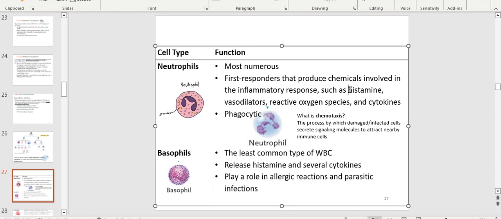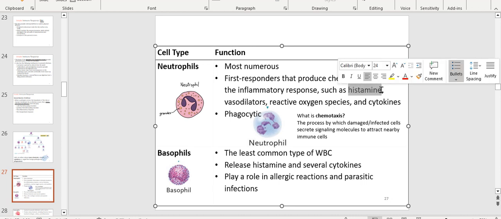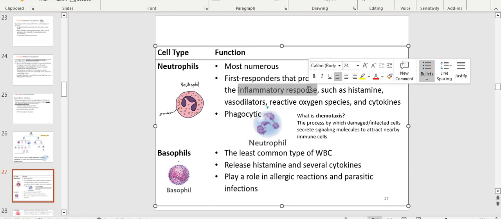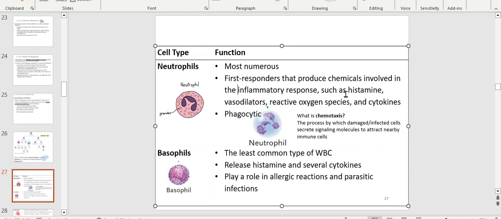So histamine: if somebody is allergic to pollen or whatever, and their nose starts to flare up, redness, soreness, there's your inflammatory response. These histamines are more associated with mast cells, M-A-S-T, which we'll see in a little bit. But these histamines cause this redness and soreness, right?